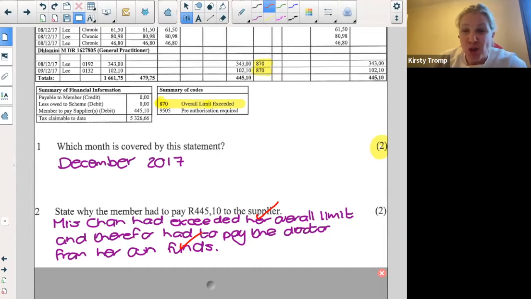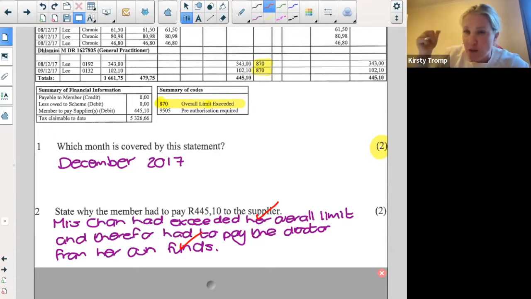So you don't have to have the exact same words as me. You guys know that from Maths Lit. Grade 10s and 11s, please remember that as well. You don't have to have the exact same wording as your teacher on the board every single time, or what's in the mark allocation, the memos. But as long as you've got some kind of idea, some sort of very similar wording, then you can get your marks.